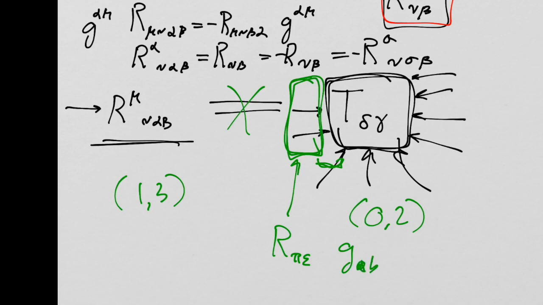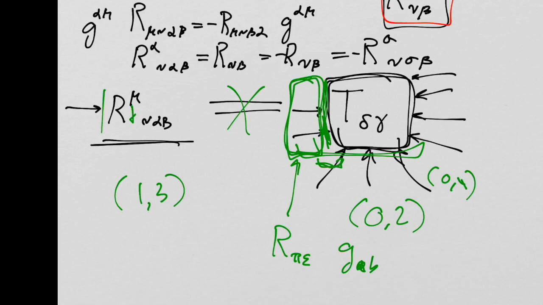That could go there. And then if I made this a tensor product between these two, I would get a 0,4 tensor. But if I raised one index, I could match it. Or if I lowered this index or something. So you have to do something like that. You have to get both sides to be the same rank.